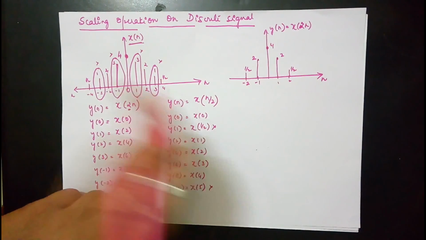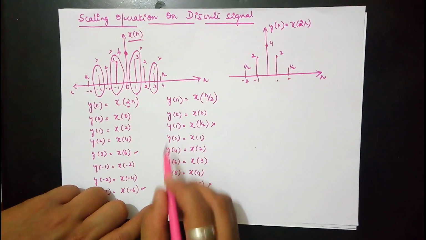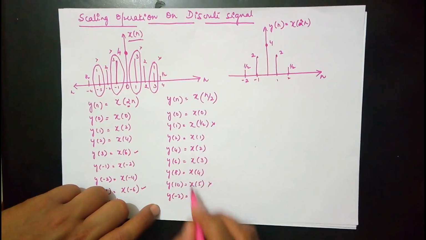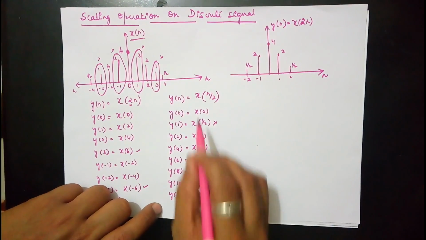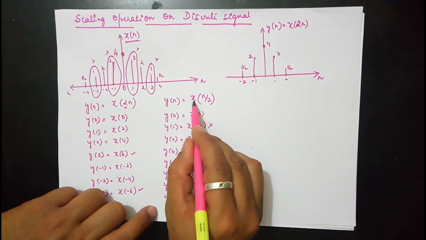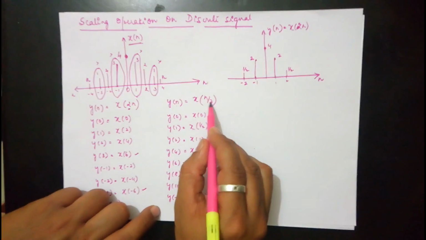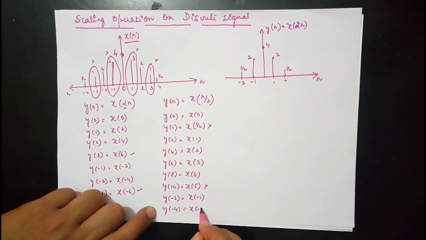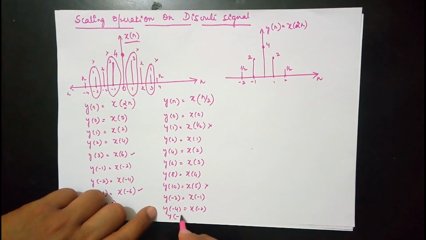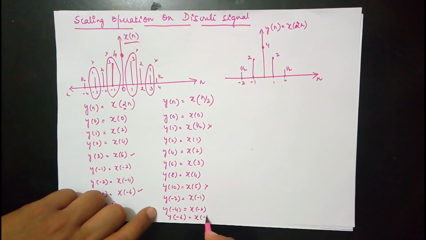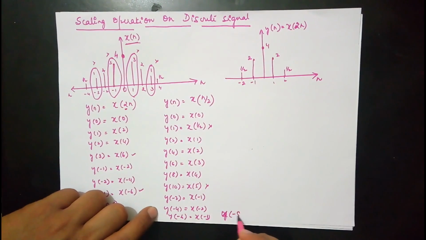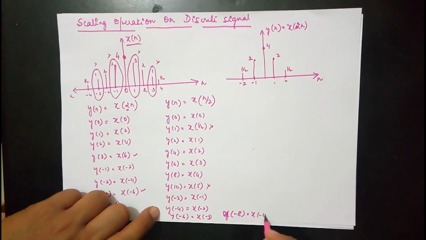Now if I go to the negative side, so if I start from y of minus 2, y of minus 2 is equal to x of minus 2 by 2, it is x of minus 1. Y of minus 4 is x of minus 2. Y of minus 6 is x of minus 3. And finally, y of minus 8 is x of minus 4.